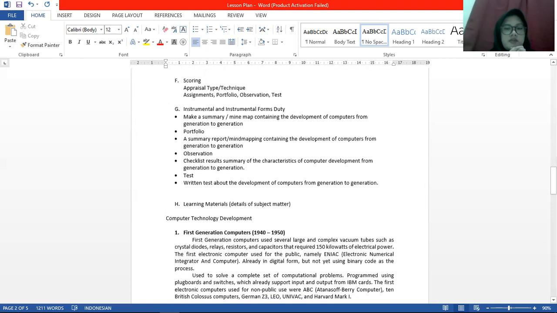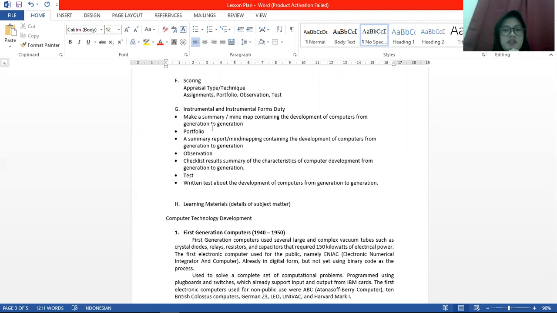And then here's the scoring, the appraisal type or technique. It is assignments for portfolio, observation, and the task. And then the instrument forms today: the students make a summary or a mind map containing the development of computers from generation to generation, and then students do a portfolio, a summary report or mind mapping, containing the development of computers from generation to generation.